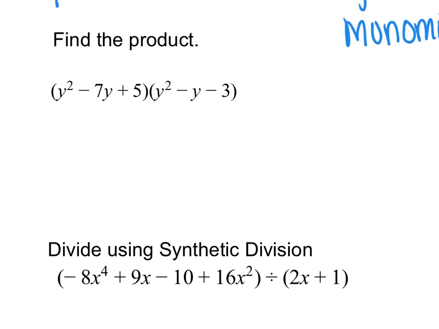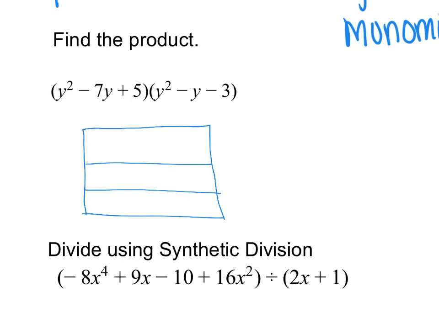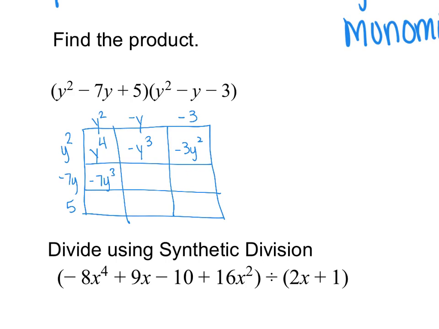All right, so y squared minus 7y and 5, y squared minus y minus 3. And y to the 4th minus y to the 3rd minus 3y squared minus 7y to the 3rd plus 7y squared plus 21y, 5y squared minus 5y minus 15.